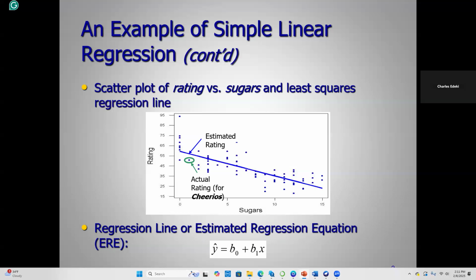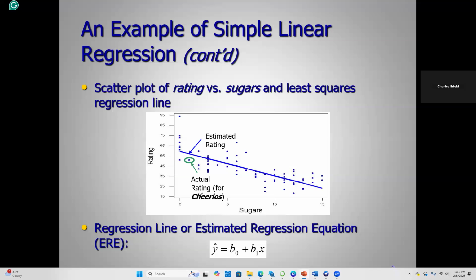Or when sugar decreases, we can also see that rating goes up. So again, I forgot to mention, sugar is on the horizontal axis, always the independent variable. The predictor will always be horizontal. The response variable or the target, the dependent variable, will always be vertical.